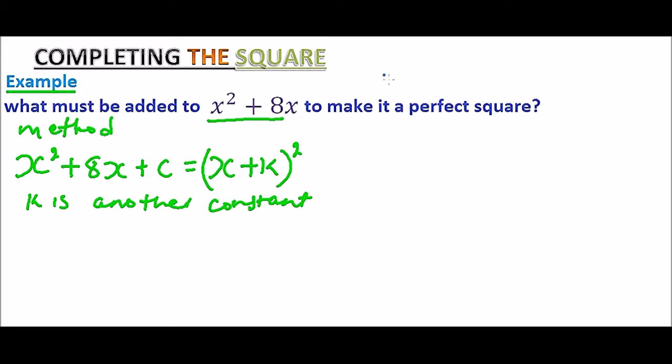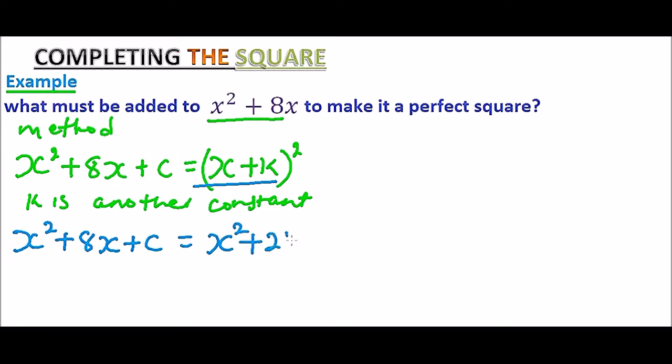From there, we expand the right hand side. We say our x squared plus 8x plus c, when you expand this, you get x squared plus 2kx plus k squared.